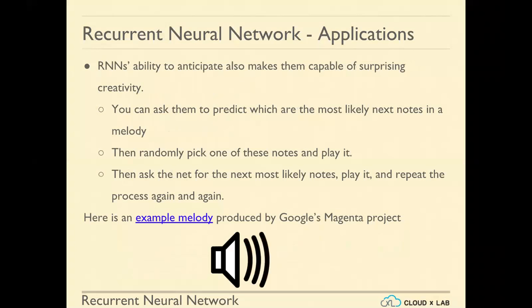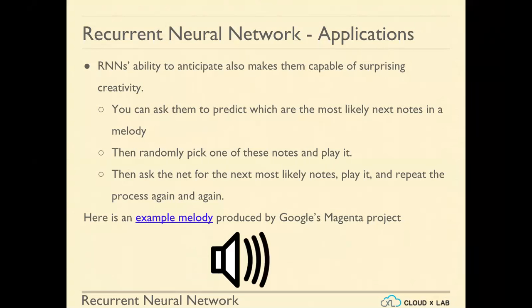So RNN's ability to anticipate also makes them capable of surprising creativity. You can ask them to predict which are the most likely next notes in a melody, and then randomly pick one of these notes and play it. Then ask the net for the next most likely notes and play for it, and repeat the process again and again.